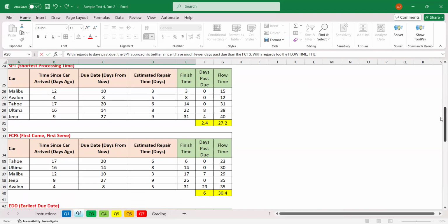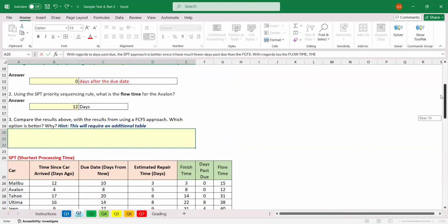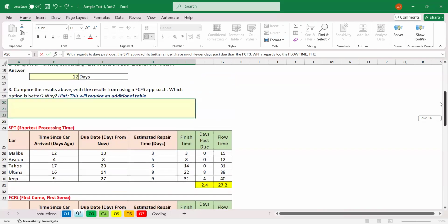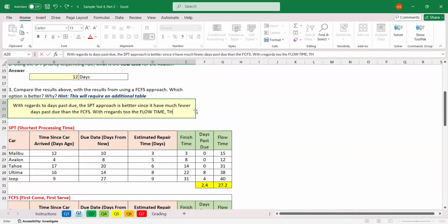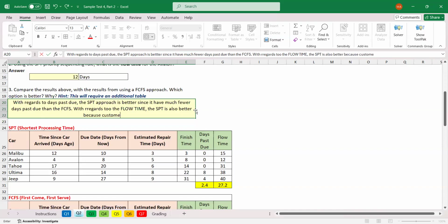That's almost a 3-day difference. So here again, we're going to go back and say the shortest processing time is also better because customers wait for a shorter period of time.